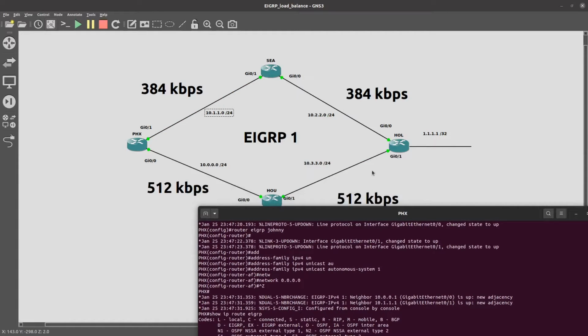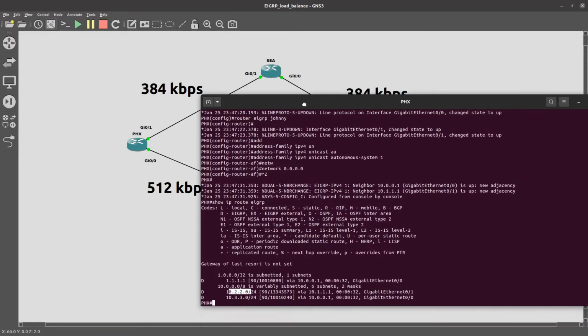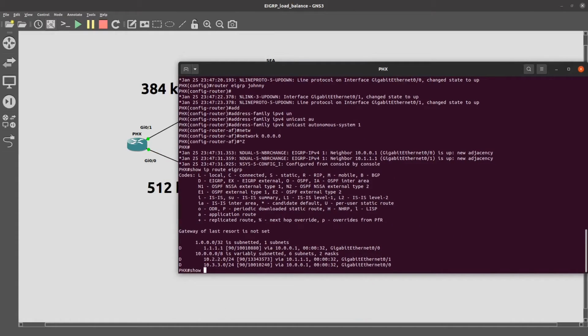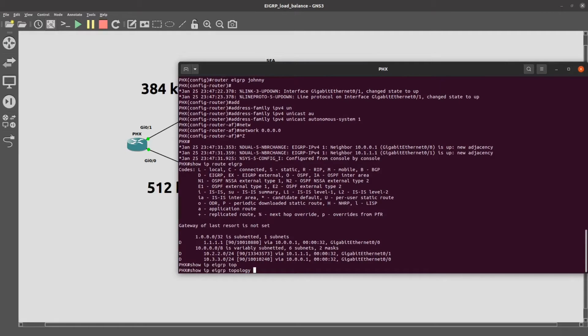Because even though this bandwidth is more, if you do it by hop count, the metric will be better, okay? And then this loopback, we're learning it via 10.0.0.1 because we're going to send that route out both interfaces, and this router is going to see that going this way is a better metric because of the higher bandwidth. So now let's look at our EIGRP topology table to see if we have any feasible successors.